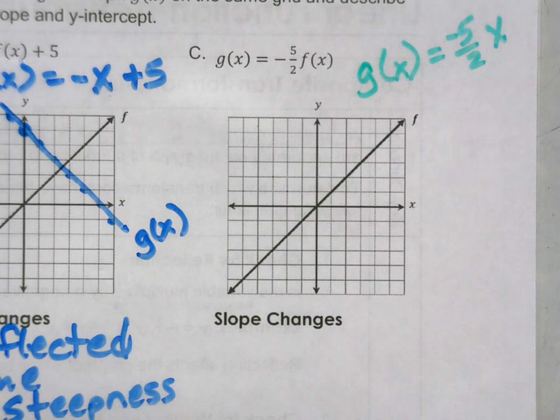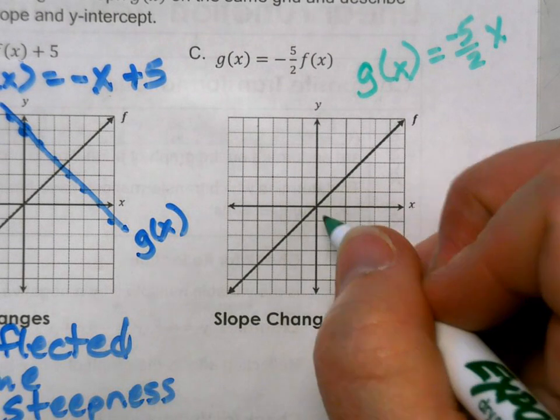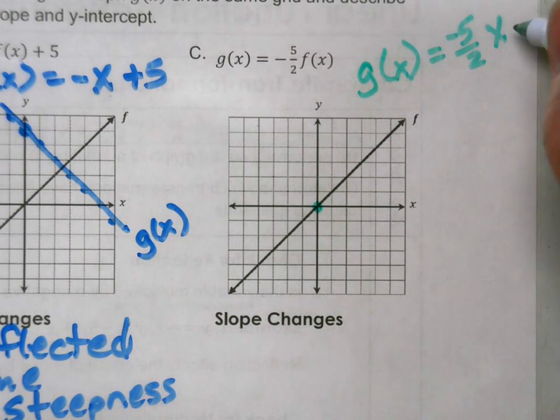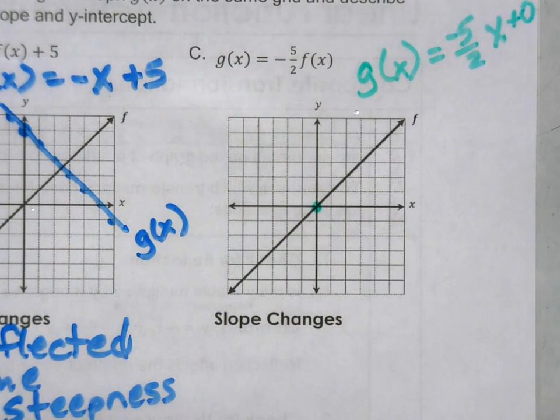So where am I going to start when I graph this one? At the origin, right? Because there's nothing being added, and when nothing is added, that's the same thing as plus 0, right?